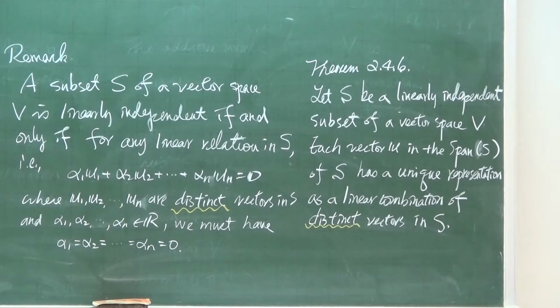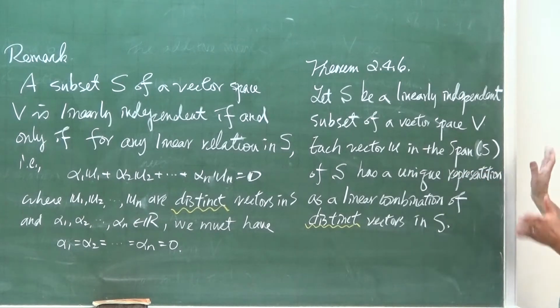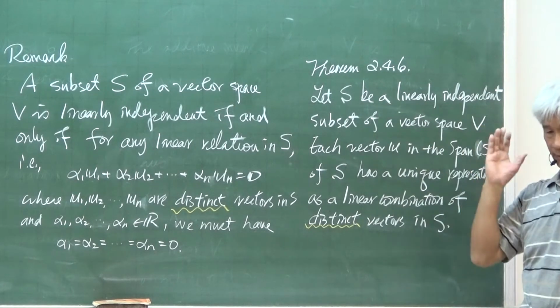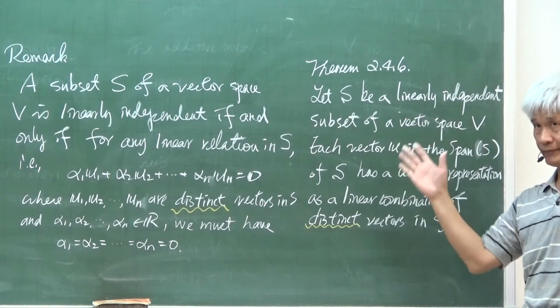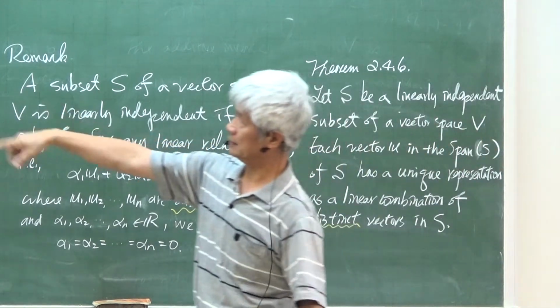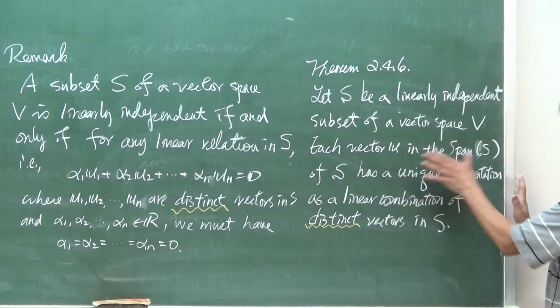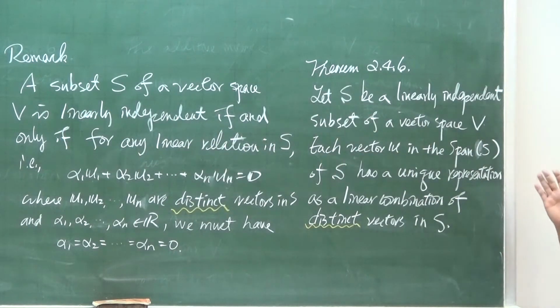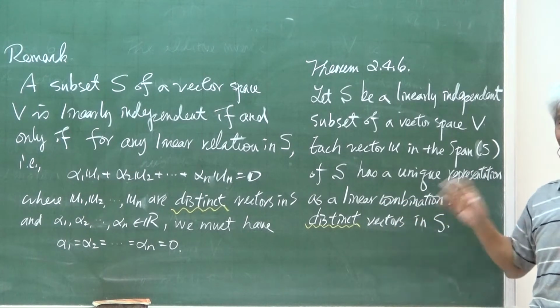To make things more precise, if X is a linearly independent subset, then each vector in the span of X has a unique representation as a linear combination of distinct vectors.